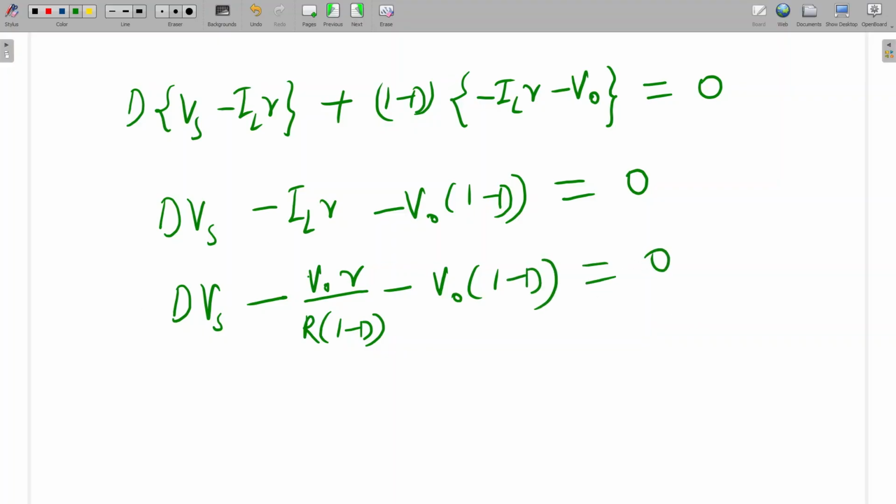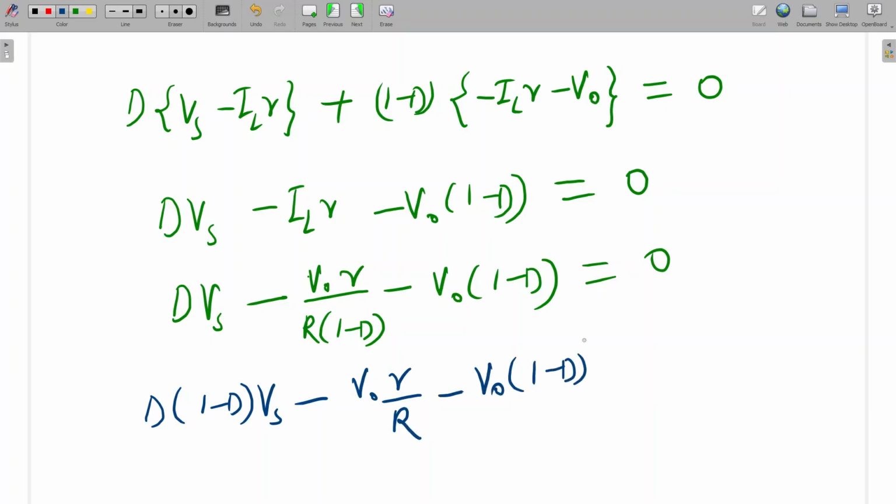So I'm going to multiply both sides by 1 minus D. So it will be D into 1 minus D Vs minus V naught R divided by total R minus V naught (1 minus D) square equal to 0.